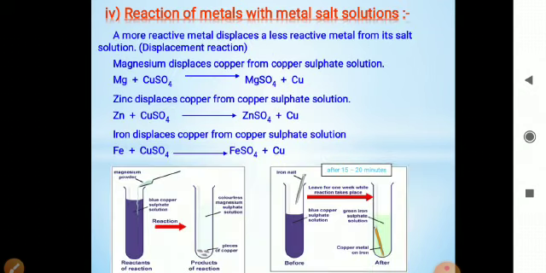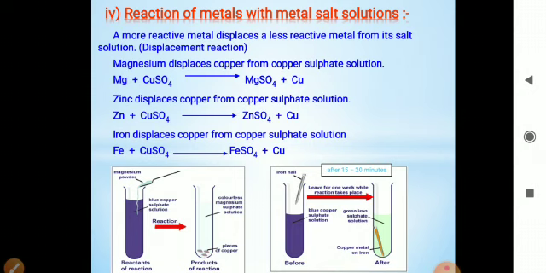Next is the reaction of metal with metal salt solution. With metal salt solution, metals usually show displacement reactions. That means the more reactive metal will displace the less reactive metal. In this condition, we can see that if magnesium is put in a copper sulfate solution, after some time it will form magnesium sulfate and copper will be released.